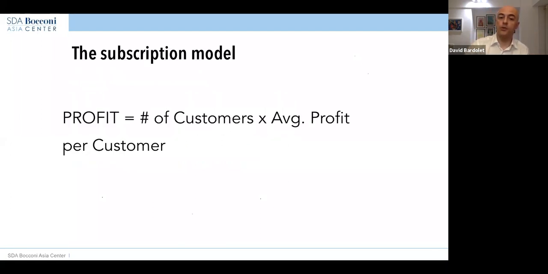And in the case of the subscription model, we go back to that formula and we change it a little bit. I would say the profit for a subscription model is the number of customers, the number of subscribers that you have, times the average profit per subscriber.